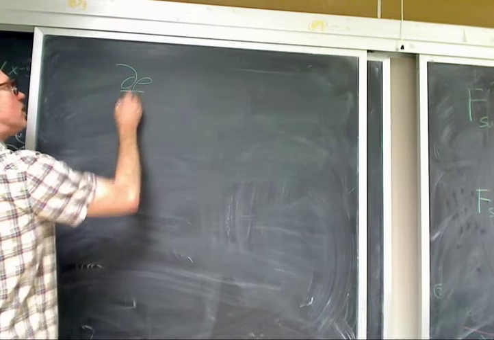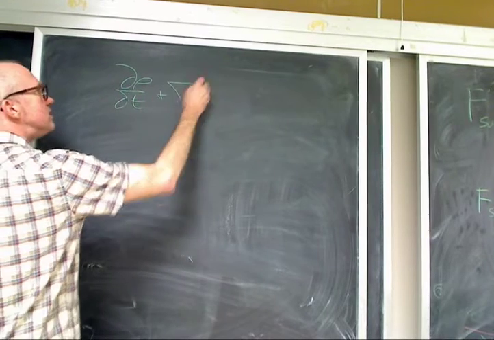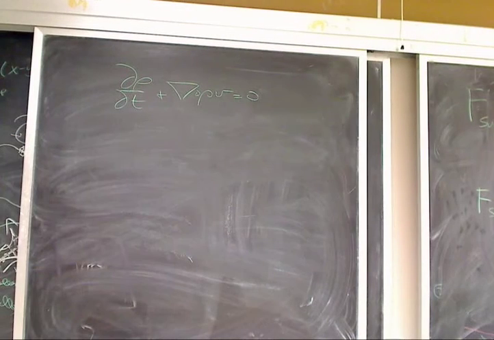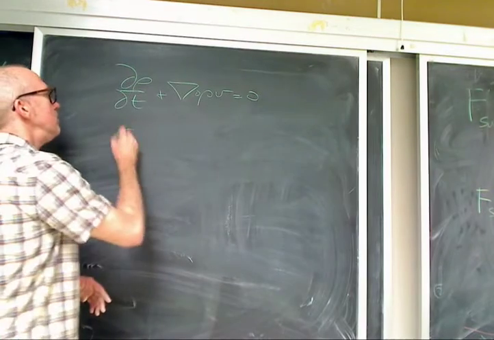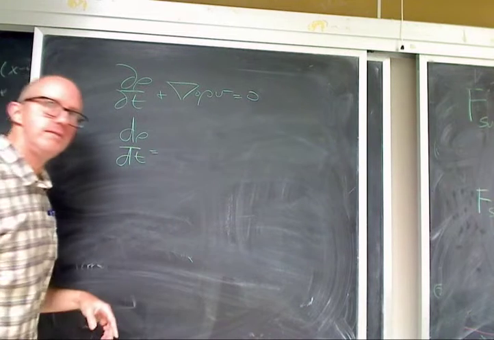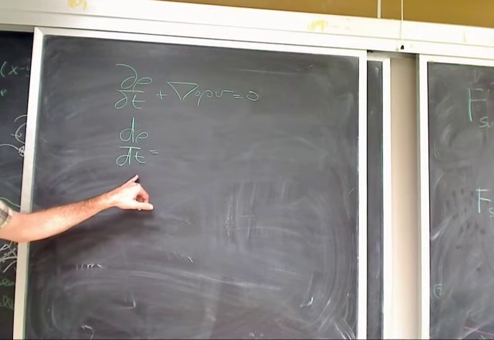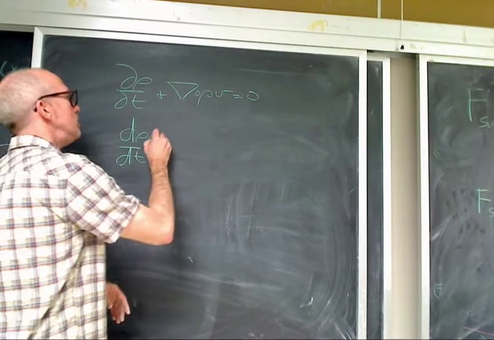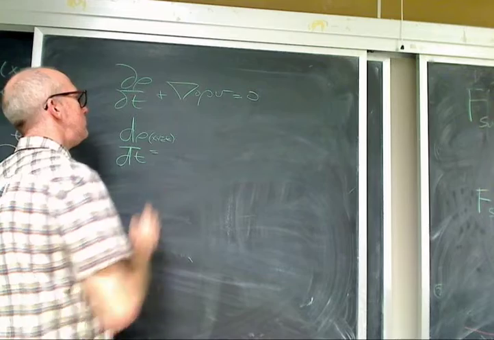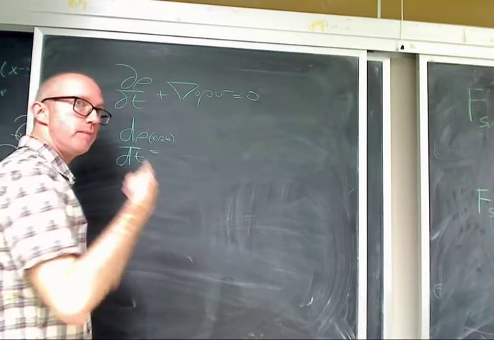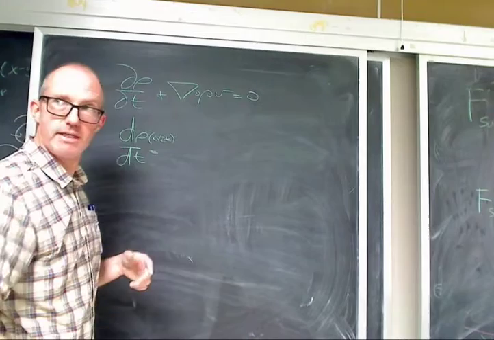Partial rho partial t plus div rho v equals 0. Now, you remember last time I did d rho dt. This is the full derivative. Rho depends on x, y, z, and time. So if I want the full derivative of this, I just have to take the partial with respect to all the things that it depends on.